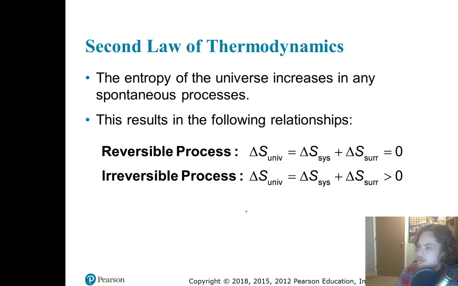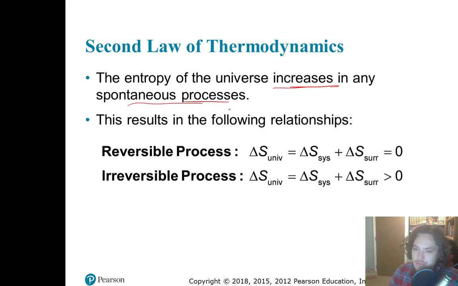So this brings us to the second law of thermodynamics. We learned about the first law in the previous video. The second law is simply that the entropy of the universe is always increasing in any spontaneous process.